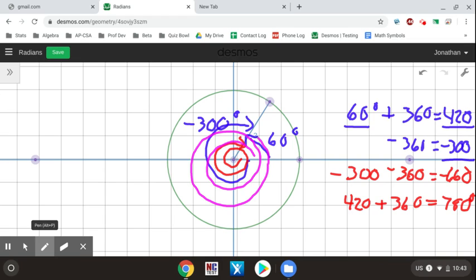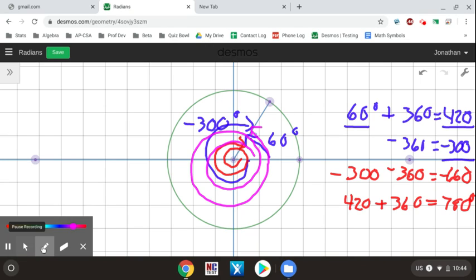That's 720. 60 more makes 780. So you can keep spinning extra spins, and they're coterminal angles. Now the important thing with coterminal angles is if I notice an angle is coterminal, it's common to try to find the simplest form, the value between 0 and 360.